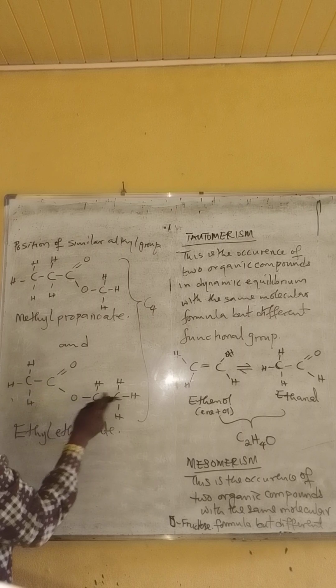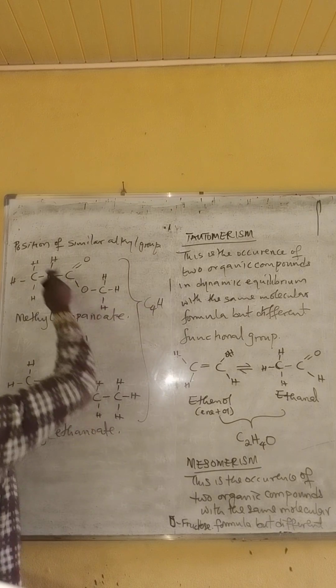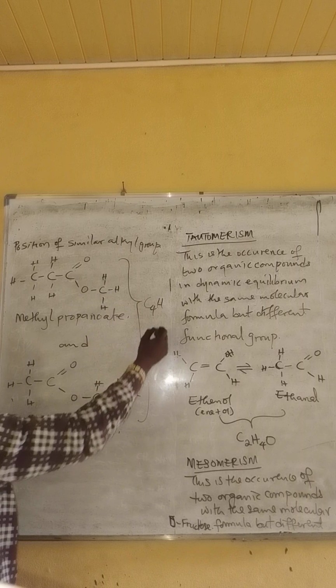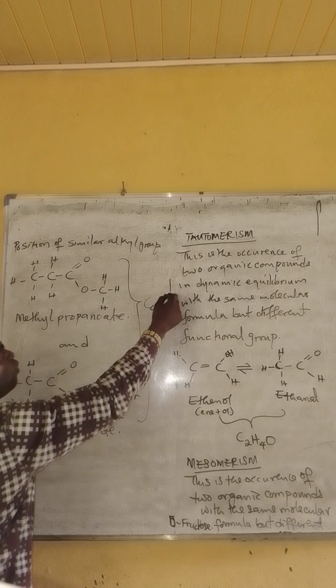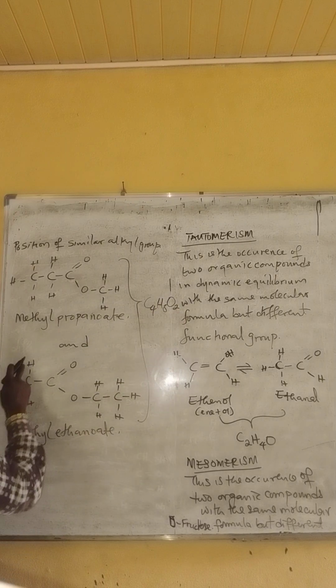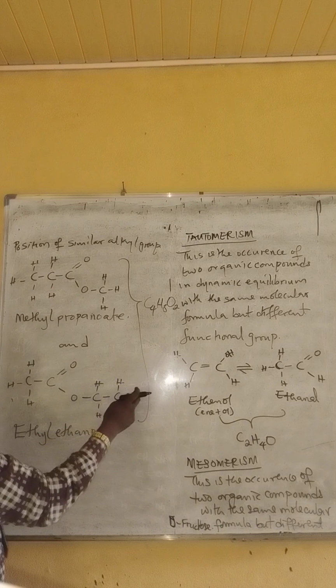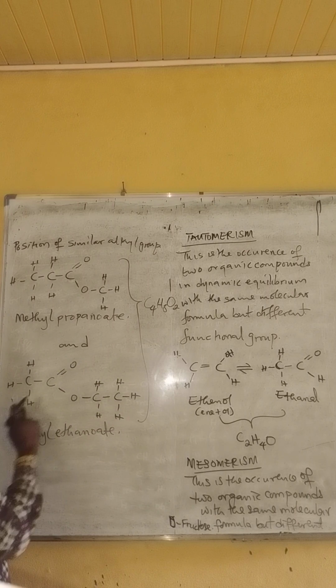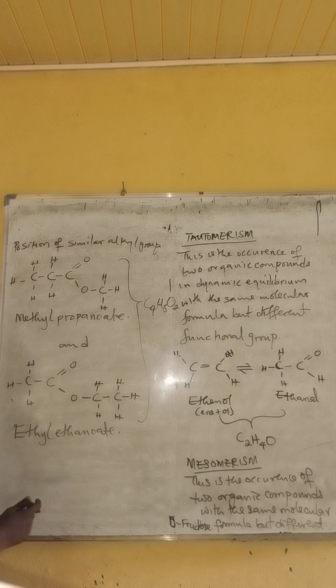C4, 1, 2, 3, 4. H what? H 1, 2, 3, 4, 5, 6, 7, 8. H8, O2. O what? 1, 2. That's that. So that is metamerism.